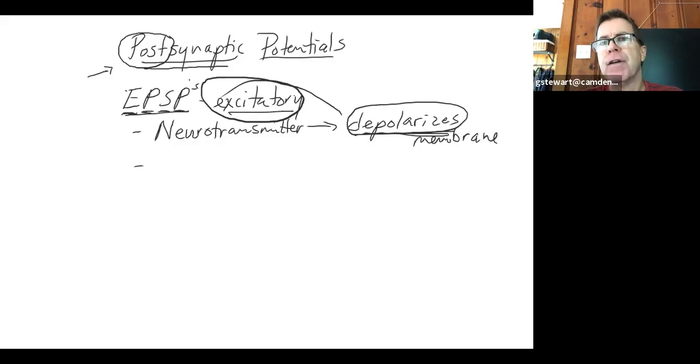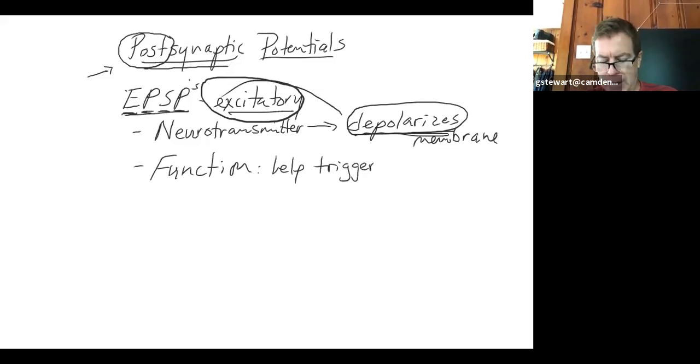The function of an excitatory postsynaptic potential in general is this. The main function is to help trigger an action potential at the postsynaptic cell.